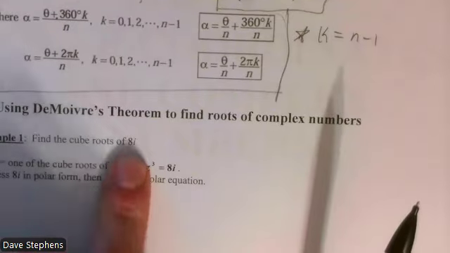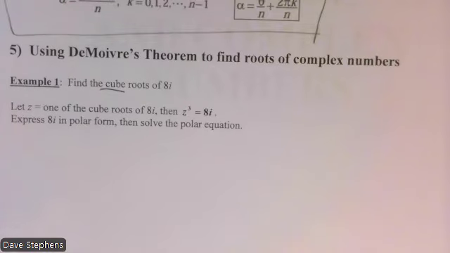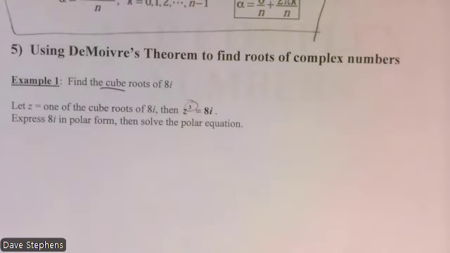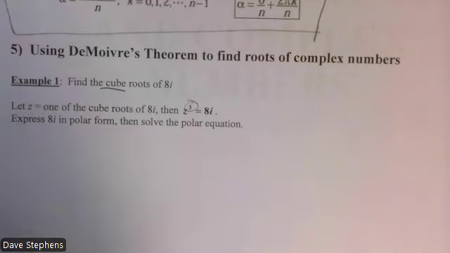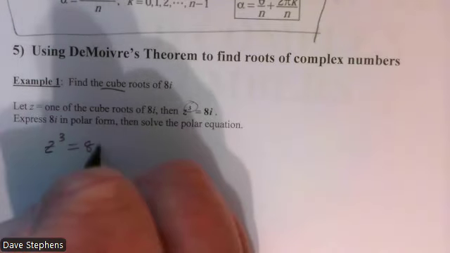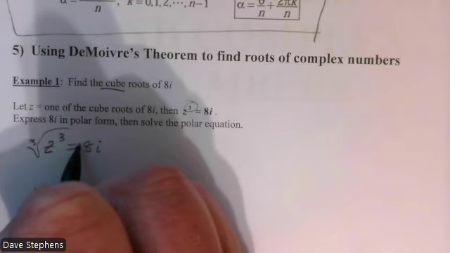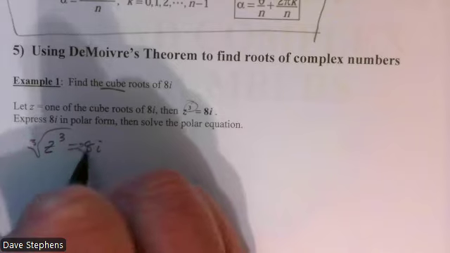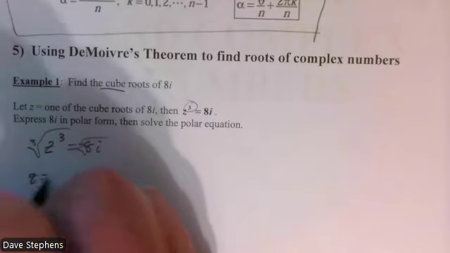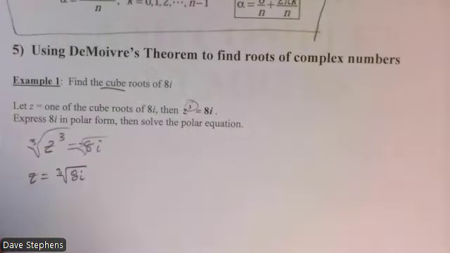Now we're going to take a look at complex numbers like 8i. There's going to be multiple of them. And in fact, since we're looking for cube roots, right, there's going to be exactly 3 of them. So, since we have z cubed equals 8i, we're going to take the cube root of both sides, so z equals the cube root of 8i.